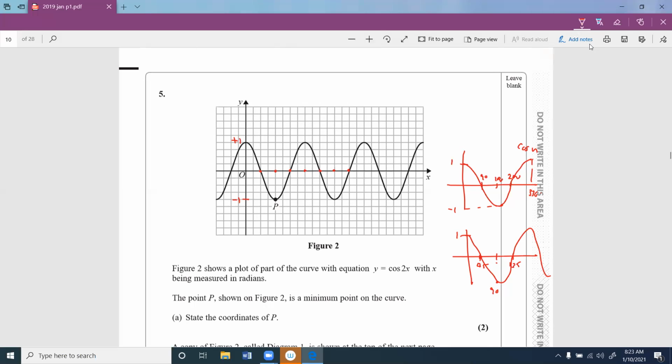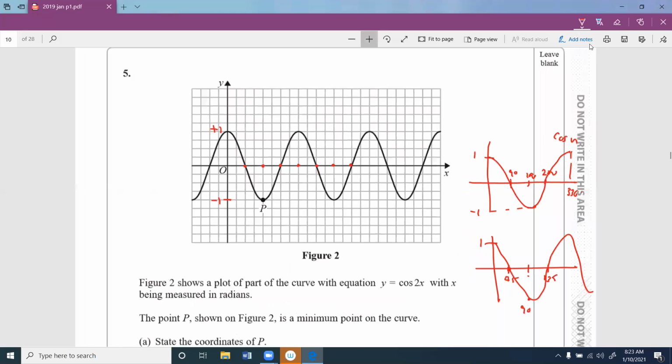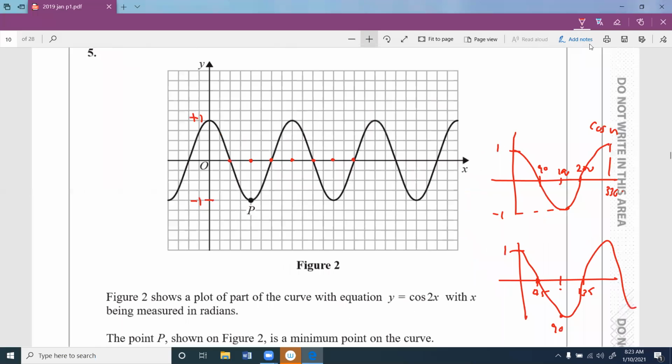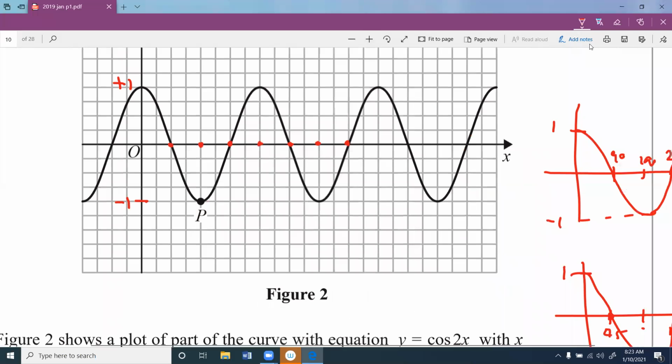If I expand it a little bit to write the answers properly, this point becomes 45, and this point becomes 90. This is 135, then 180, 225, 270, 315, and this point turns to 360. Like that it goes on.